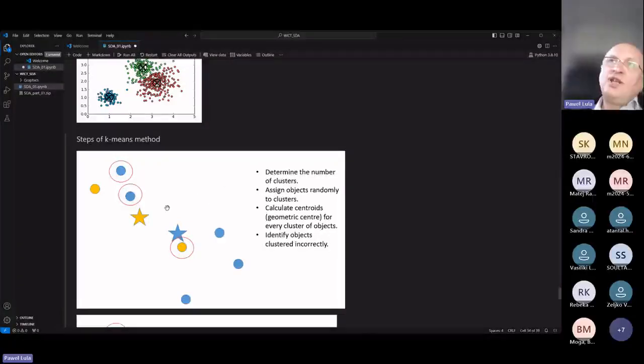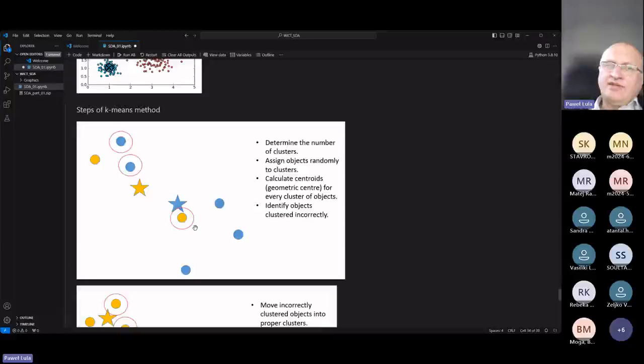And first, they were assigned randomly into these 2 clusters. One group is represented by yellow points, the second group by blue points. The assignment was made here randomly. So these objects were assigned into the yellow group, and these objects into the blue group.